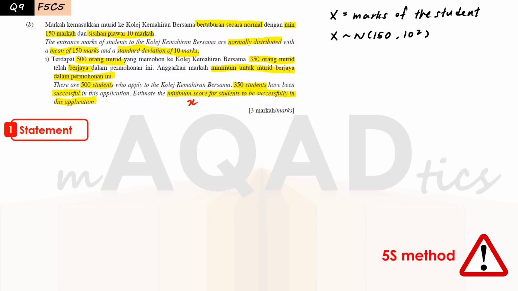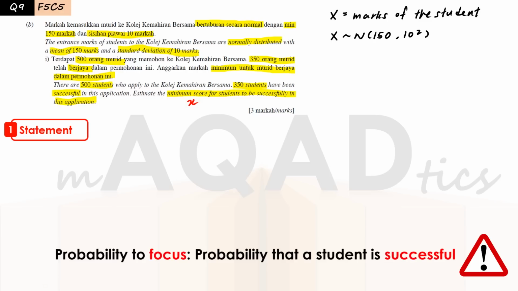Our probability statement needs to relate to the minimum score, so we focus on the probability that the student is successful. For a student to be successful, the marks of the student, or the big X here, must be greater than the minimum score, the small x.